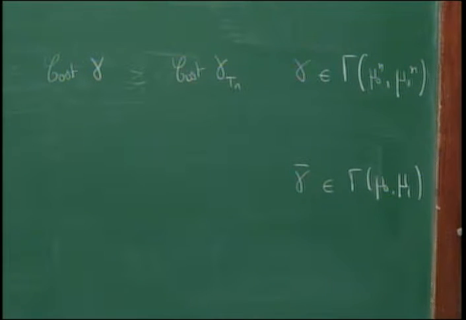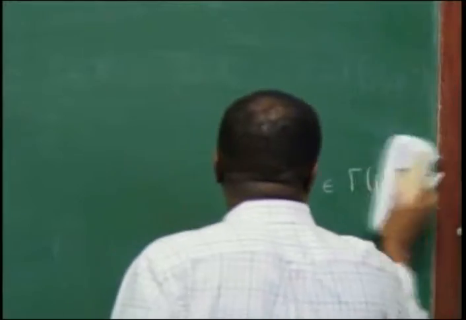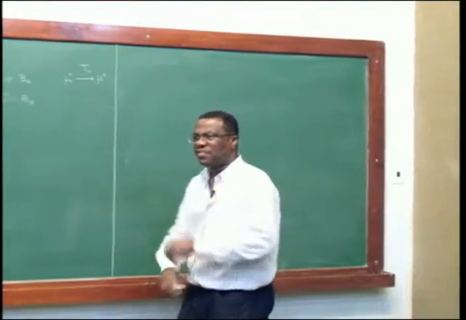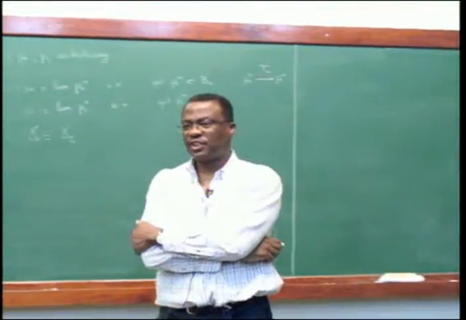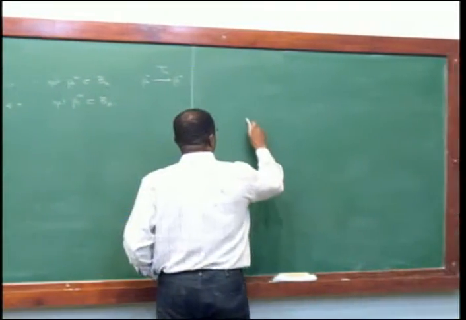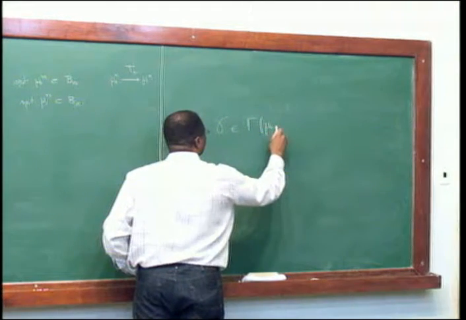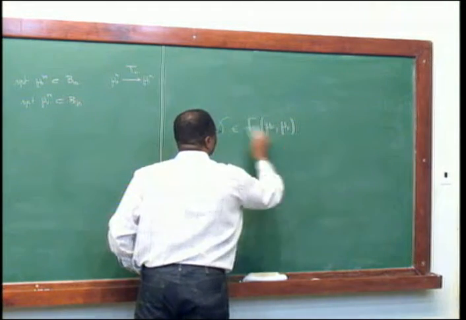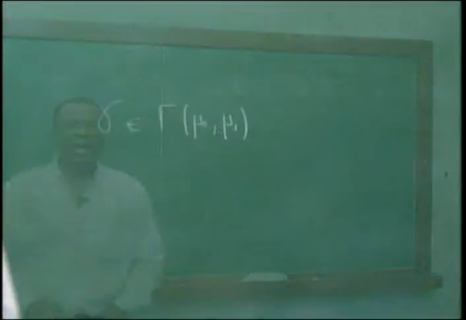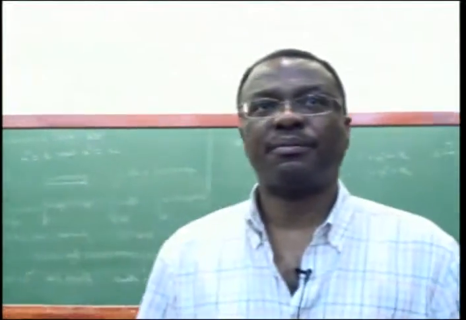So here is some beautiful fact. This is a geometric characterization. It says the following. Take gamma in that set. I want a geometric condition, necessary and sufficient condition for gamma to be optimal.